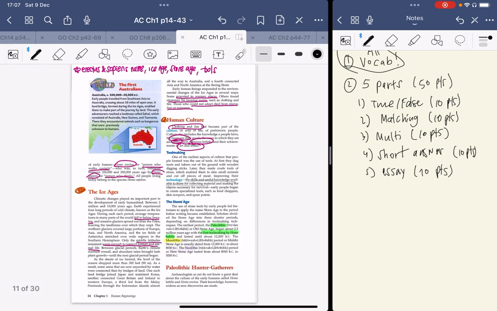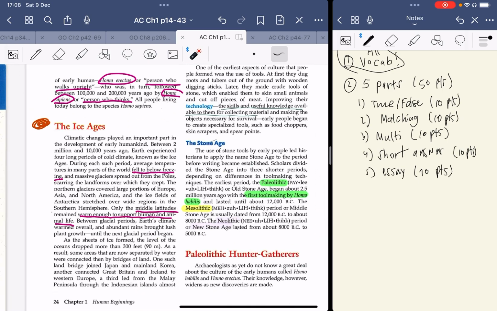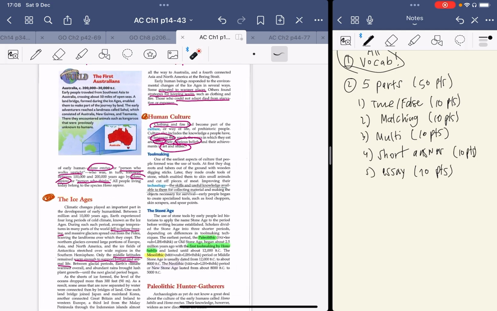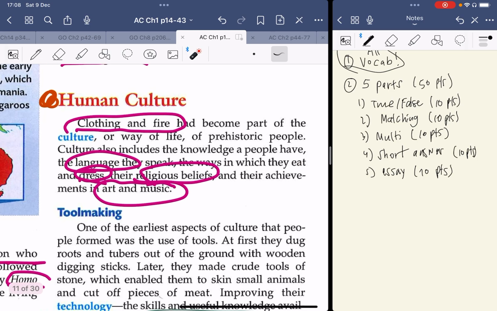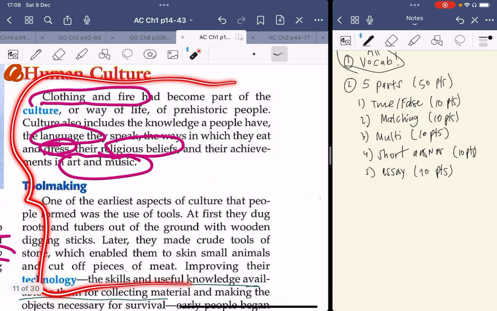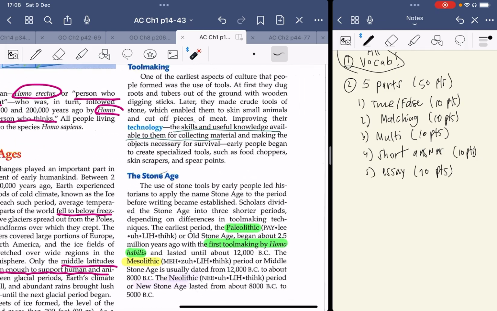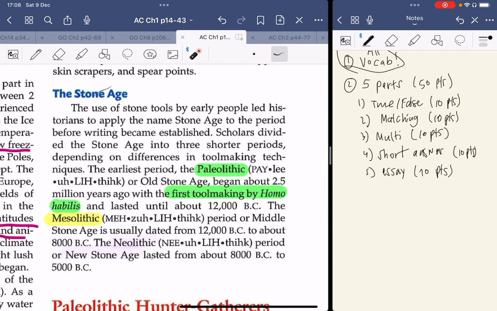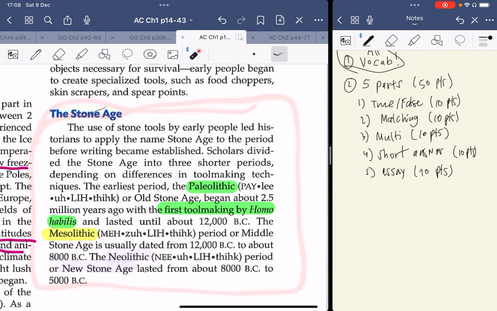We continue on to this part right here, where it talks about the Homo erectus and Homo sapien. As for the Ice Ages, you can skip the whole Ice Ages portion, and then back here to the human culture part. As I told you, the vocab is by default, so study them. But as for the details, please pay extra attention to this part where it talks about the 3 shorter periods of history of Stone Age.